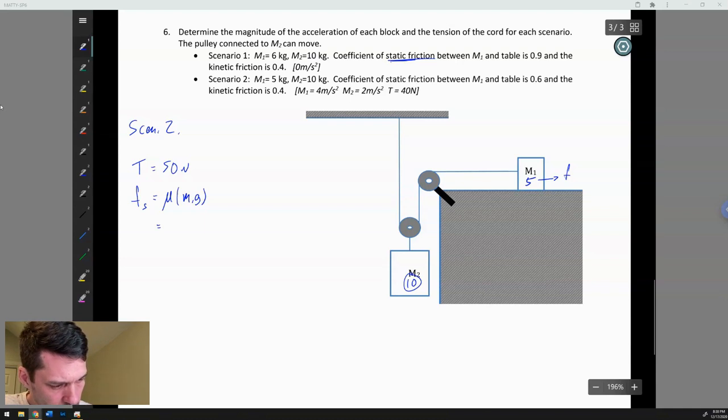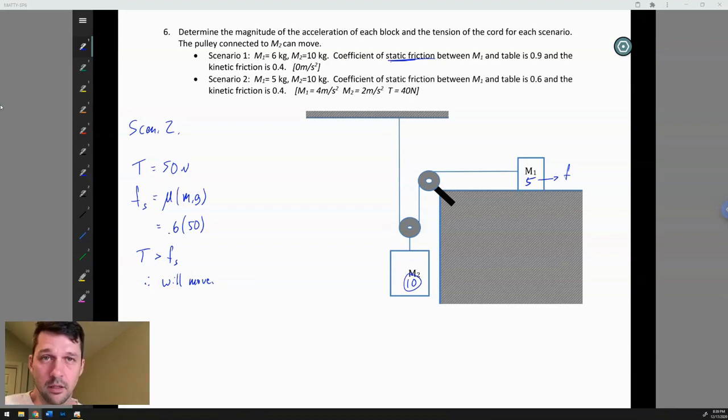So mu is 0.6 times 50. Well, right off the bat, any fraction of 50 is going to be less than 50. So the tension is going to be greater than the static friction. Therefore, it will move. And as soon as we know that it's moving, we instantly shift gears to kinetic friction. So static friction is out of the story.